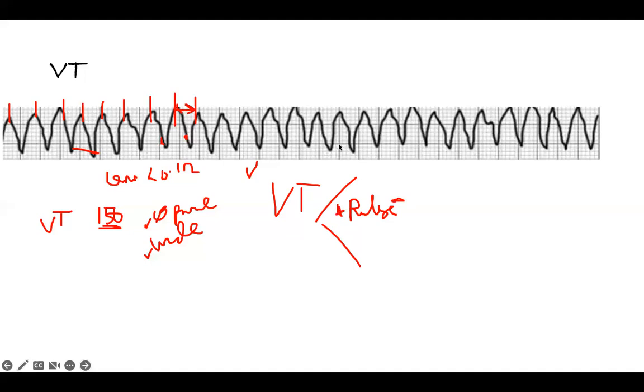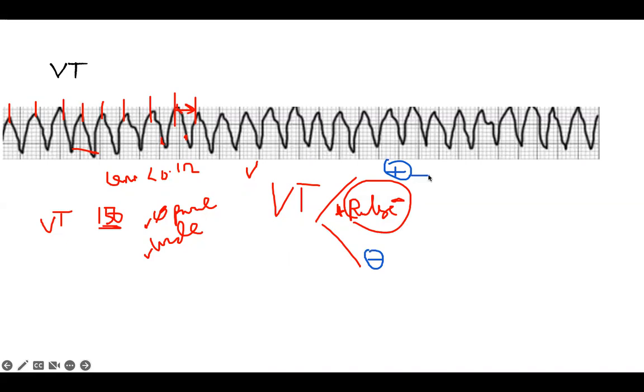If they give you this rhythm, they ask, what do you do next? Check the patient's pulse, please. Because there are 2 branch points. It's either they have a pulse or no pulse.